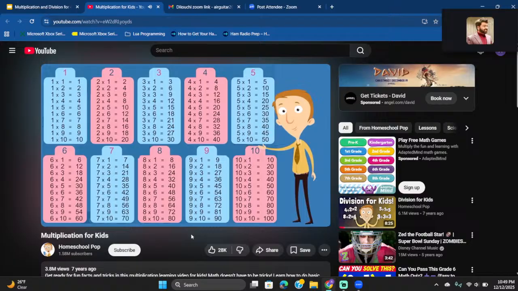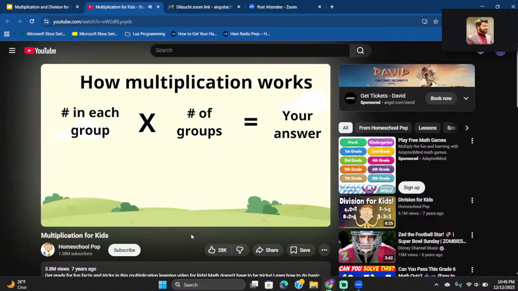Some kids memorize tables like these so that they'll know right off the bat, in a moment, what an answer could be for certain multiplication problems. This is how multiplication works. The number in each group times the number of groups gives us our answer.